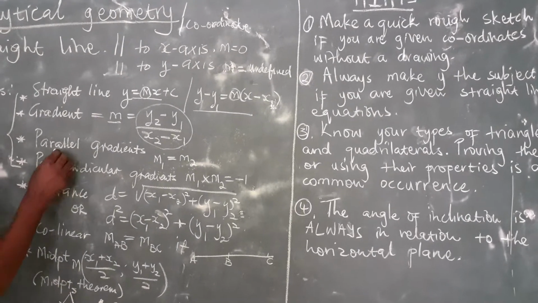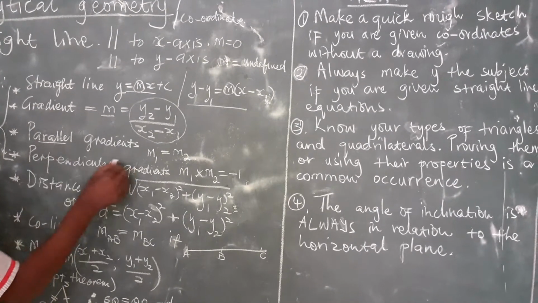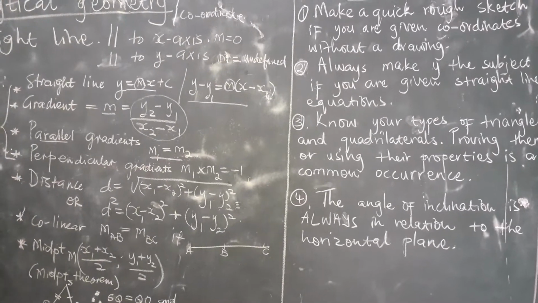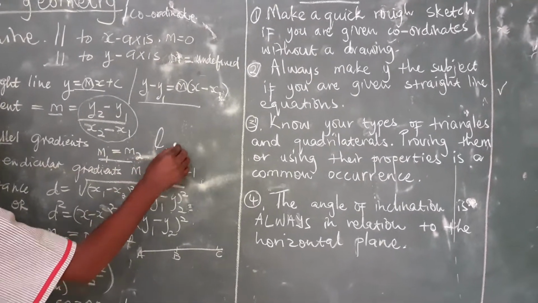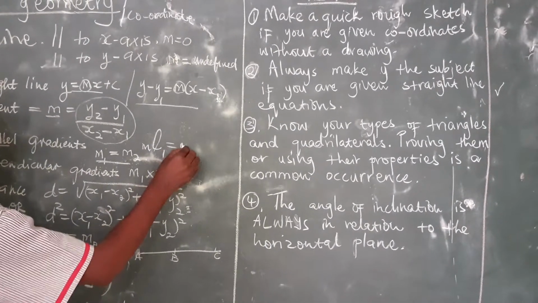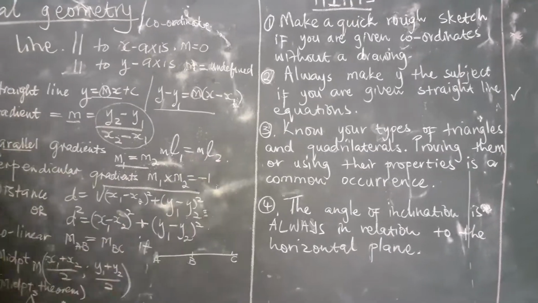And once the lines are parallel to each other, their gradients are the same. That means m of line 1 will be equal to m of line 2.